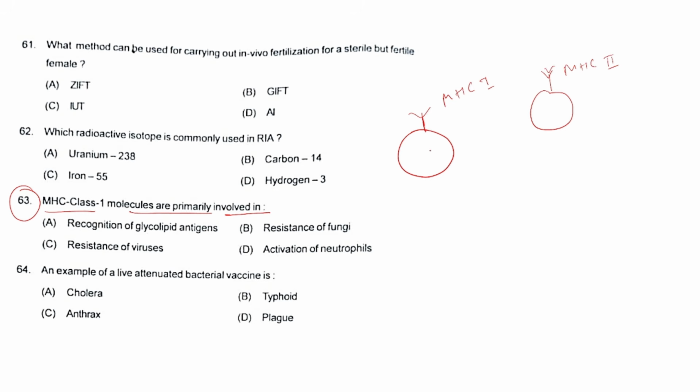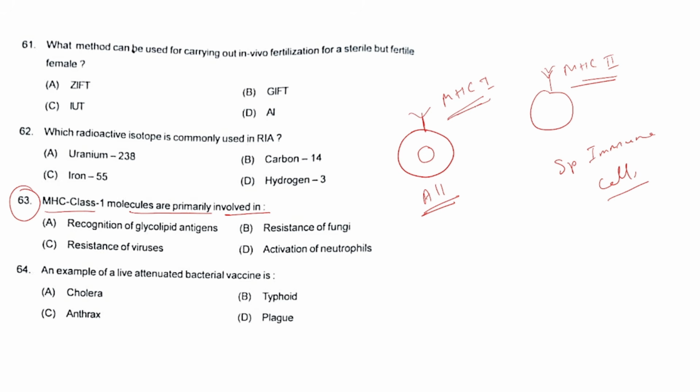MHC1 molecule is present in all nucleated cells. MHC2 molecules are only present in some specific immune cells, like dendritic cells and macrophages.